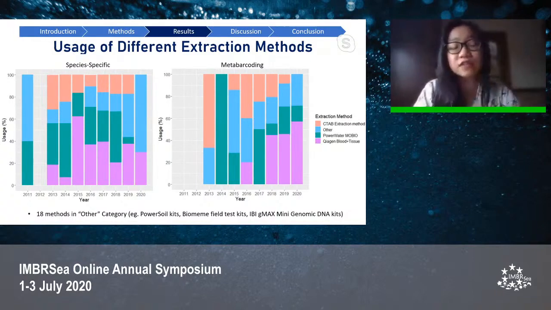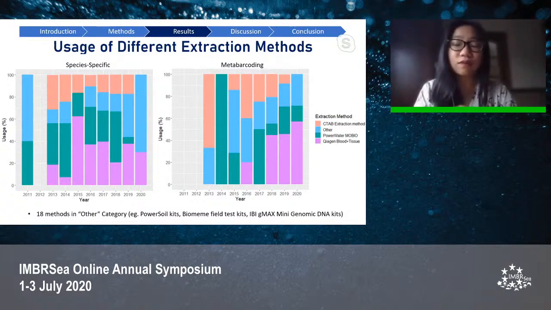And there is really no one single common method used, as we've seen, but the CTAB extraction method, which is the pink bar, its use is actually relatively consistent for a species-specific approach from 2013 to 2019. However, in the same time frame, this method is decreasing in use for metabarcoding.